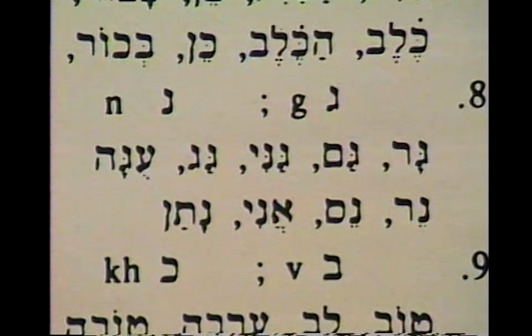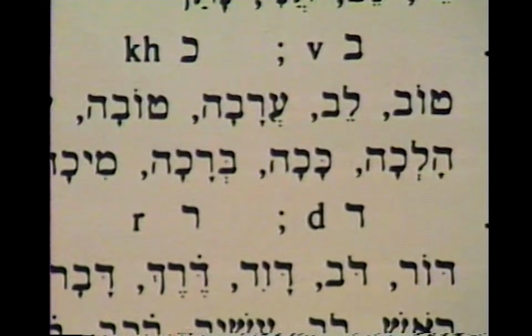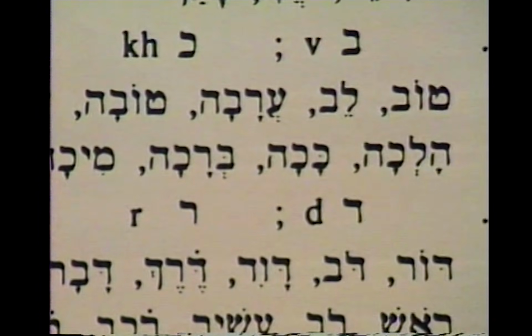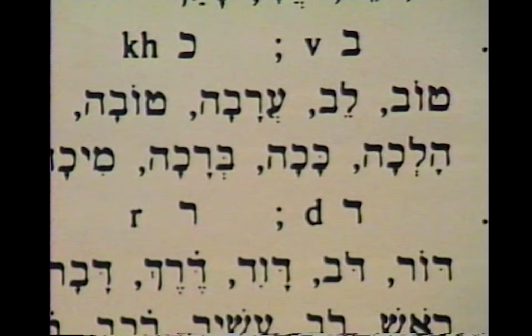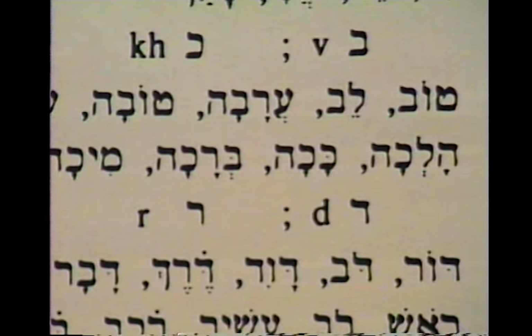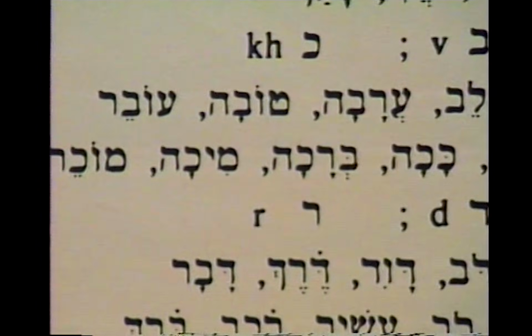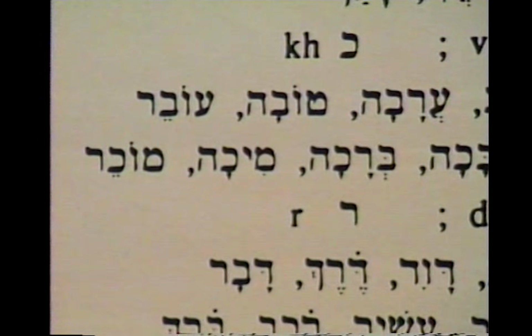All right, number 9. Between the vet and the kaf. Tov, lev, areva, tova, over.